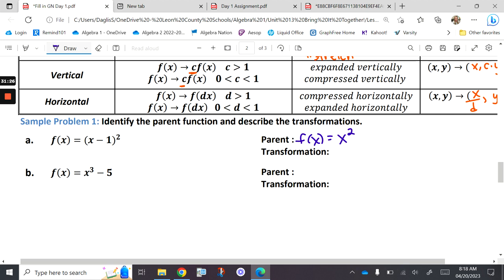Okay. Now, what is different about the parent function and what I have been given, Emma? What is different about it? Yeah, thank you, Kaylee. We are subtracting 1, and is that happening inside or outside my parentheses? Inside my parentheses, right? So if it's inside my parentheses, is that going to be up, down, or left, right?